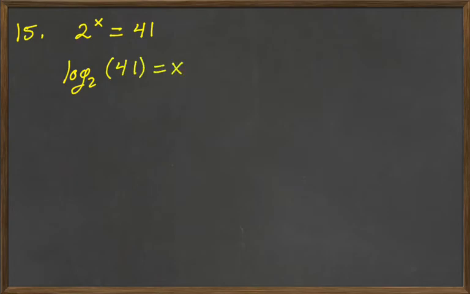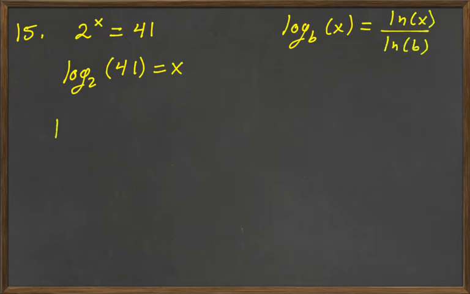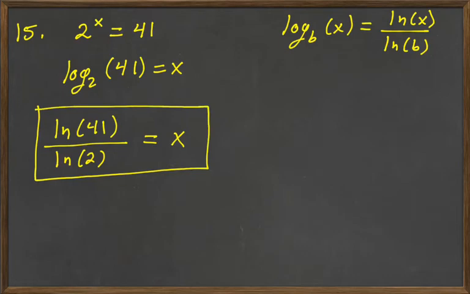So that is solved for x, but if we want to get a numerical approximation, we use our change of base formula. Log base b of x is equal to the natural log of x divided by the natural log of b. So then we would have the natural log of 41 over the natural log of 2 is equal to x. If you're using a calculator like a TI-30 X2S, that's the one I recommend, you would hit the natural log button.